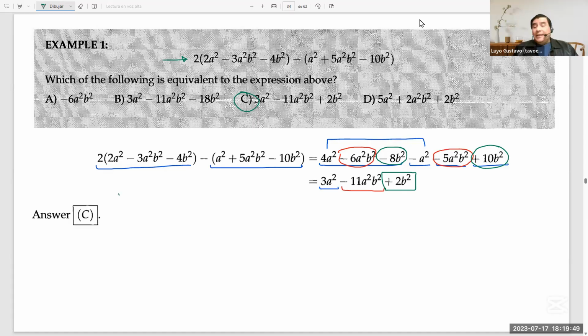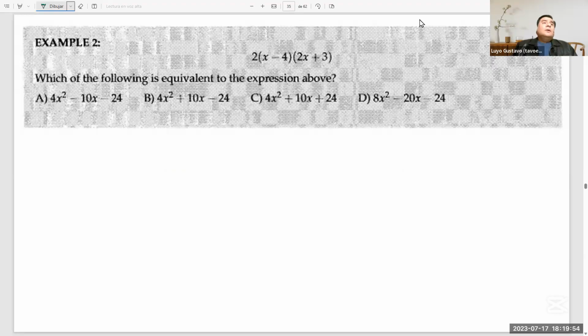Let's see another example. Here, if it is not very clear, let me read it for you. It is 2 times x minus 4 times 2x plus 3, okay? And the answer choices: option A, 4x squared minus 10x minus 24.